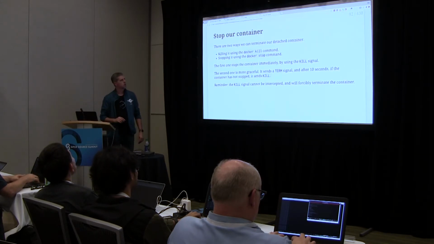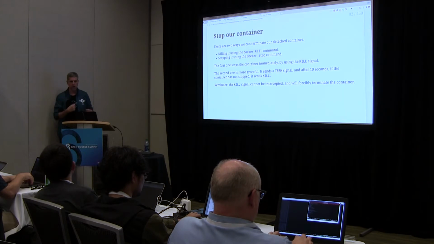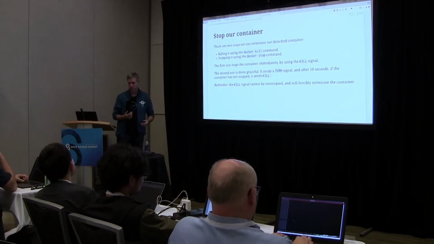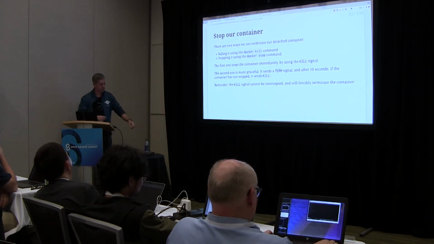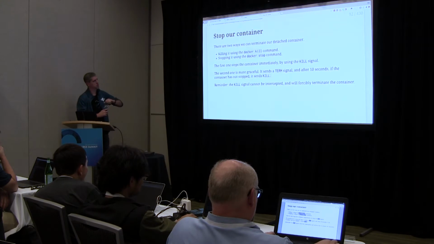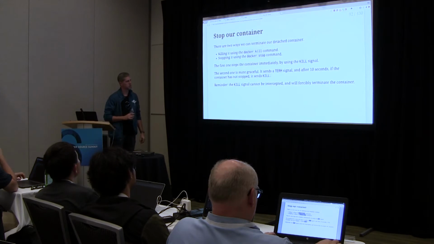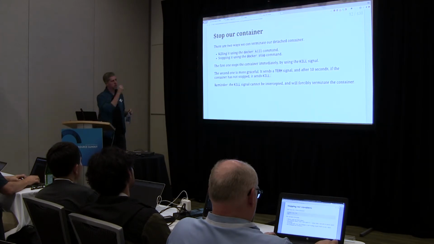Since we have containers running in the background, obviously we aren't interacting with them, so we can't type exit in the shell, we can't Control-C the process. And so there's two commands that can be used to terminate this background or detached container: the docker kill and the docker stop command. If you know much about Linux signaling, you know that there's a kill signal, SIGKILL.